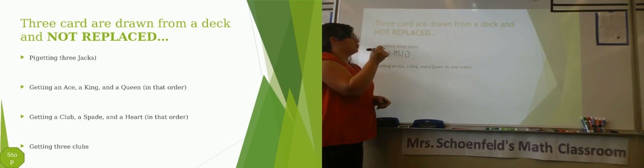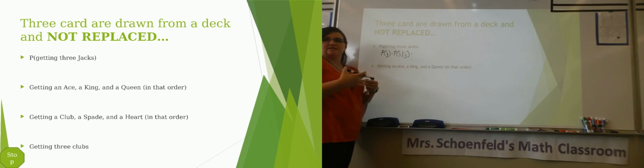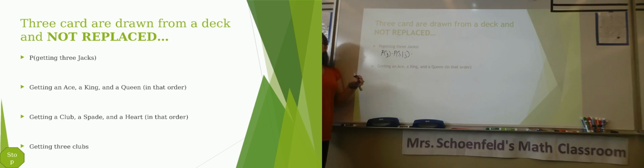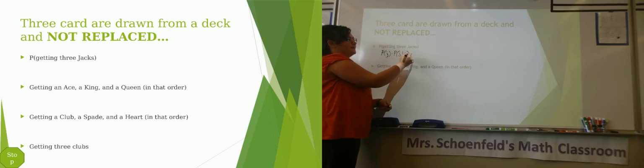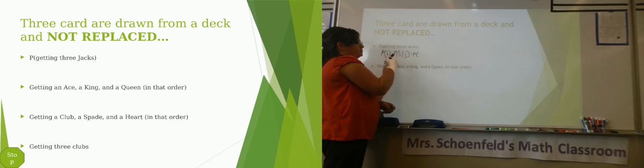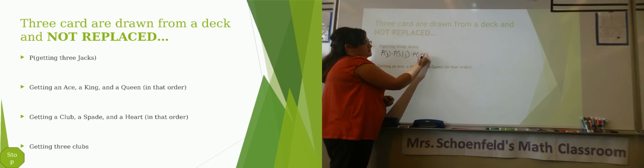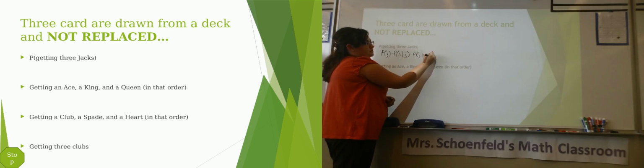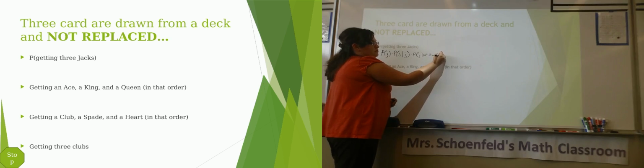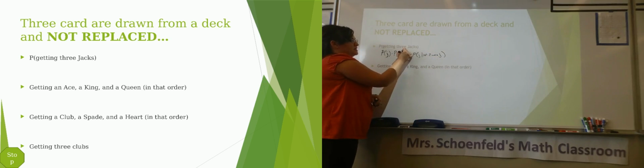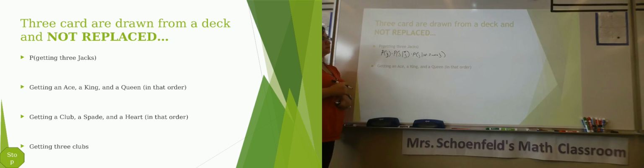And then the next thing will be written out. You don't have to write this out. I just want you to make sure that you're able to read it. Sometimes it'll ask you to write it out. So the probability of getting a jack given that the first 2 were jacks. This is how I would write it out, where I might write "first was a jack."